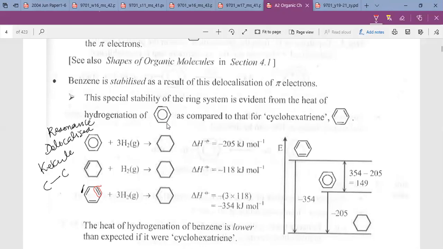It's called cyclohexatriene. Triene means three double bonds. Ene, of course, is the name for a carbon double bond carbon as well. Remember, this is your alkenes. So triene, hexa means 6, cyclo means all round.